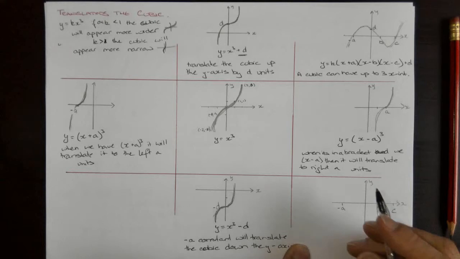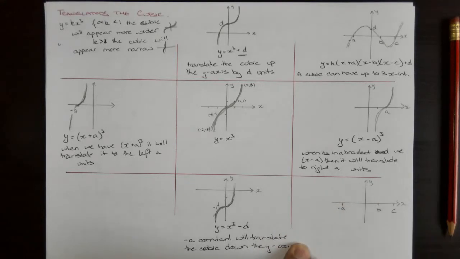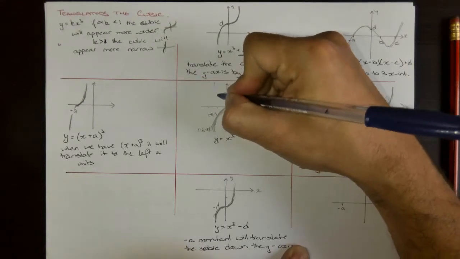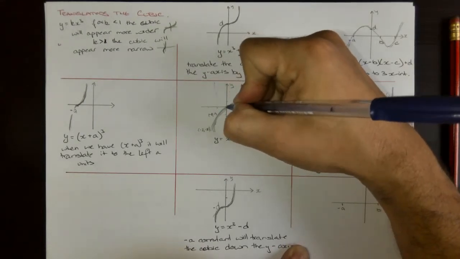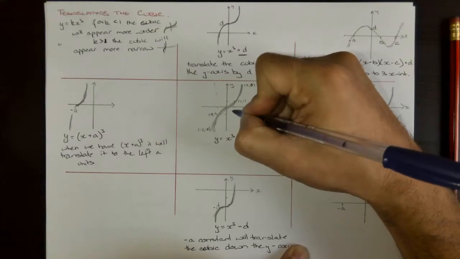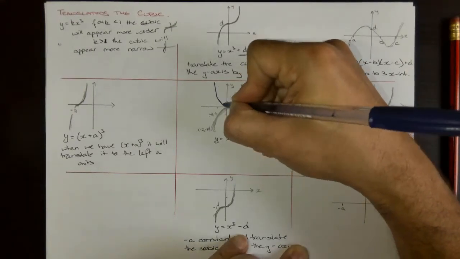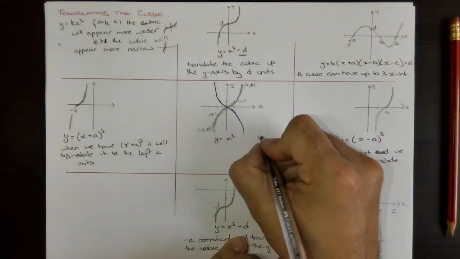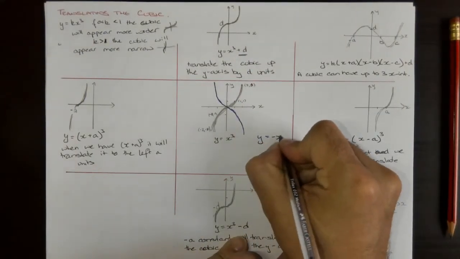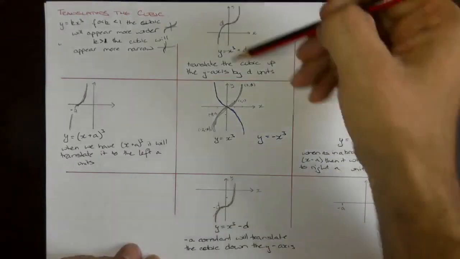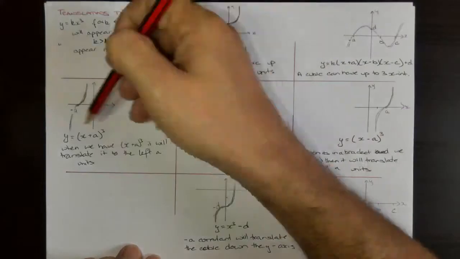One thing I also want to note is that we can have the mirror reflection like this. When we have this cubic, that's actually y equals negative x cubed. If it's negative, all these would flip around.